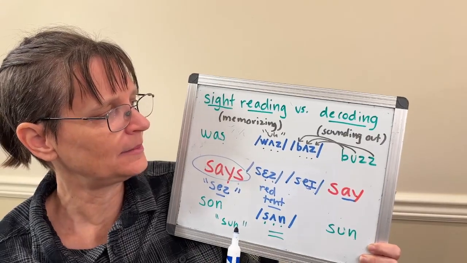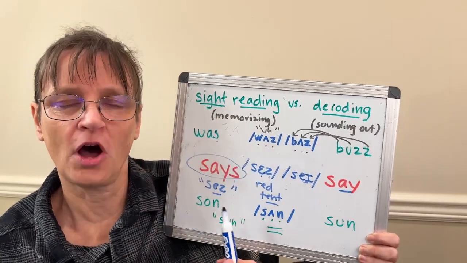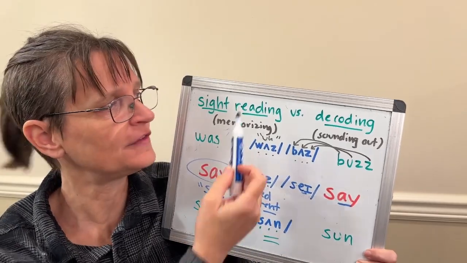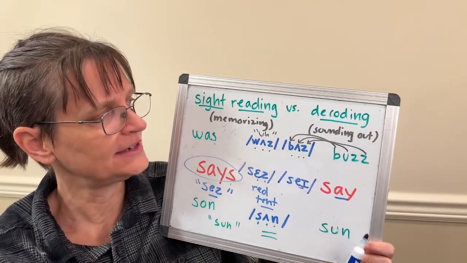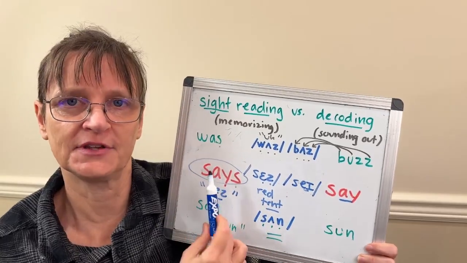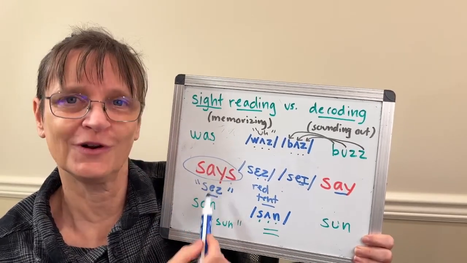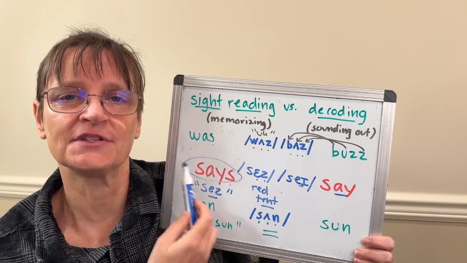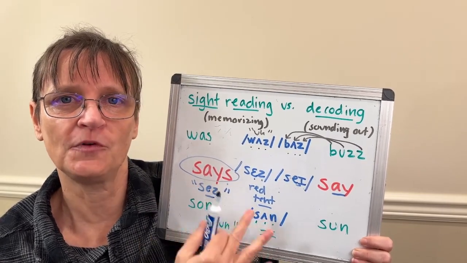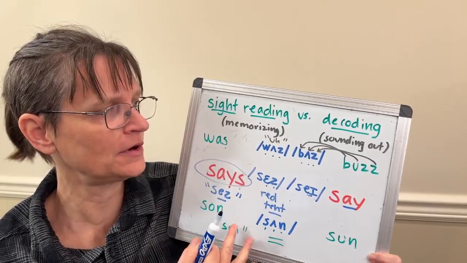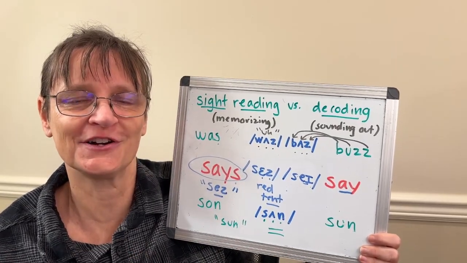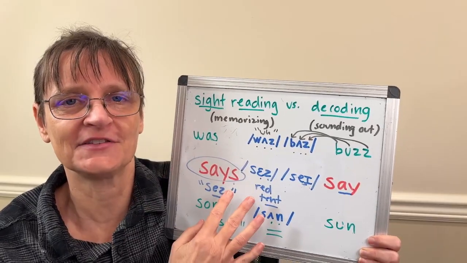So looking at common words, what vowel sounds they have, what consonant sounds they have, and where I can decode and where I need to memorize either how to read a word or how to pronounce a word, where I might want to visualize based on the sounds. That's something that is really helpful to go through basic everyday words, and you can find those common words here on the channel, breaking down the sounds of them.